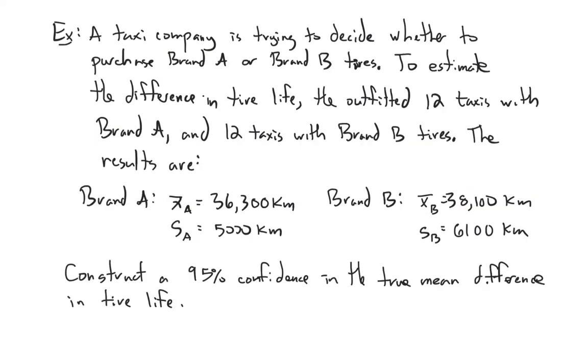So, in this situation, there's a taxi company, and they're deciding whether to buy brand A tires or brand B tires. So they conduct a little experiment: they buy 12 sets of tires of each brand, and outfit 12 separate taxis with brand A tires, and a different 12 taxis with brand B tires.